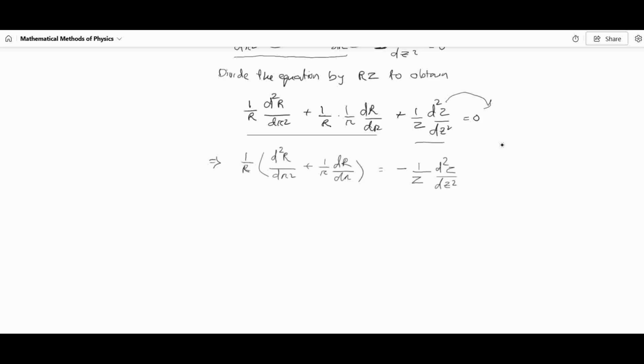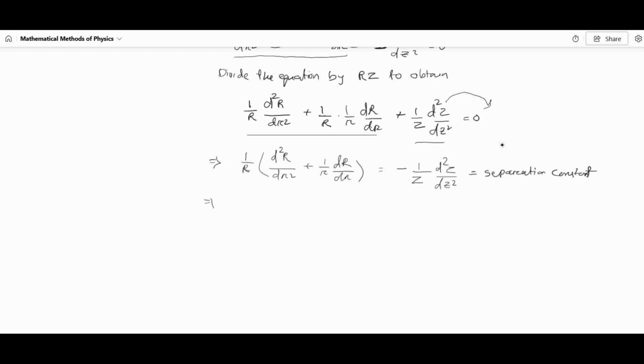Now look at this equation. This equation now contains terms of the same variable only, and they are separated now. Now we have to equate them to a separation constant. In this case, we will take a separation constant minus lambda square. Remember that.